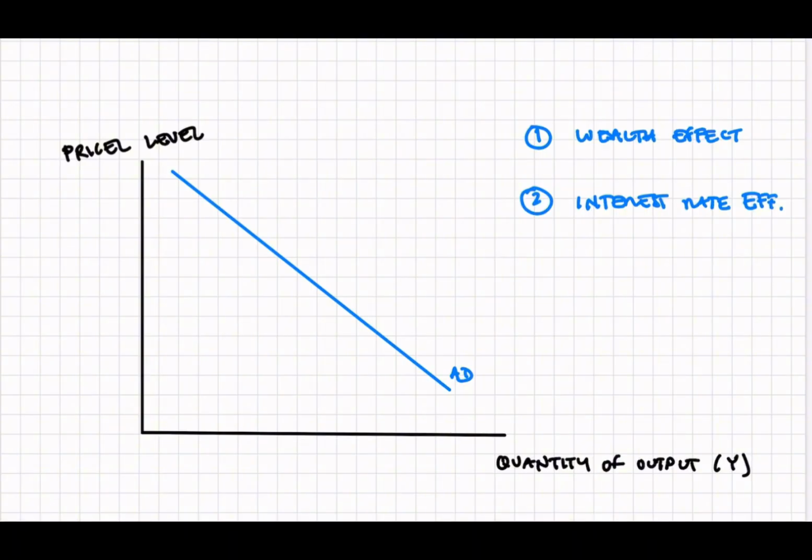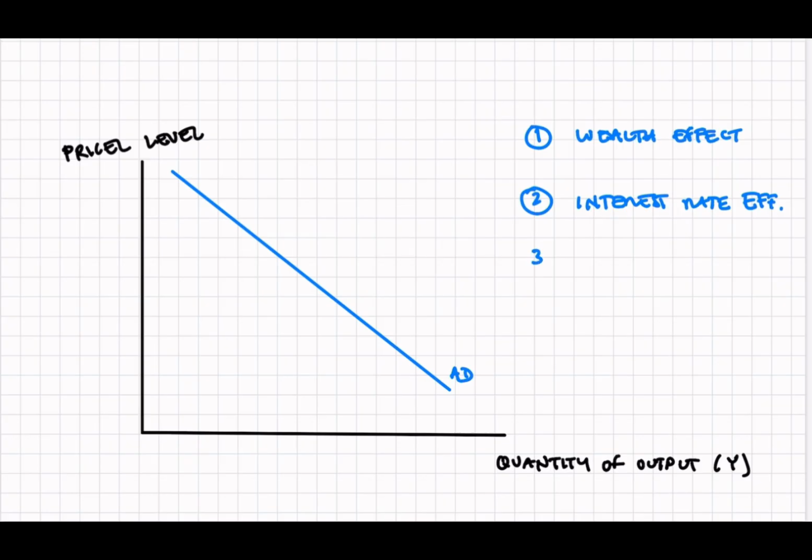But now I can take the extra money and put it into a bank to save it. Well, with more money in the bank, banks can now lend out more money. And with that increase in money they're trying to lend out, it's actually going to drive interest rates down. With lower interest rates, firms will be more willing to invest, and therefore we'll see an increase in investment, which is also a reason why it's downward sloping.